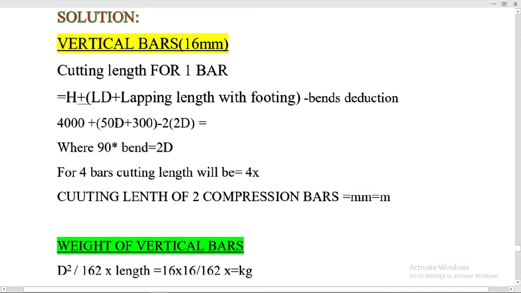First we put the diameter: we have 16 millimeter, and the diameter of the longitudinal bar is 16 millimeter.